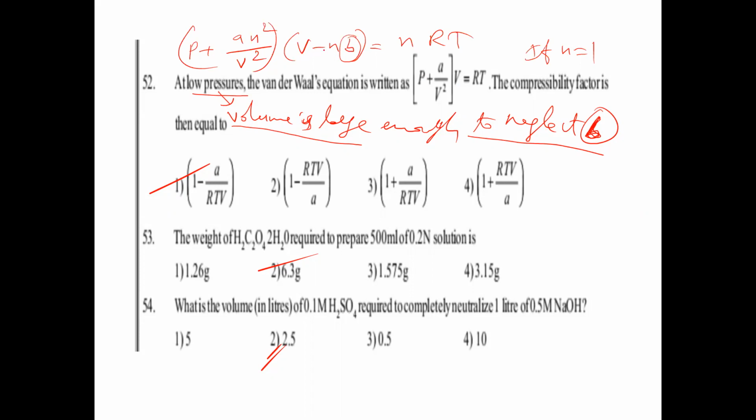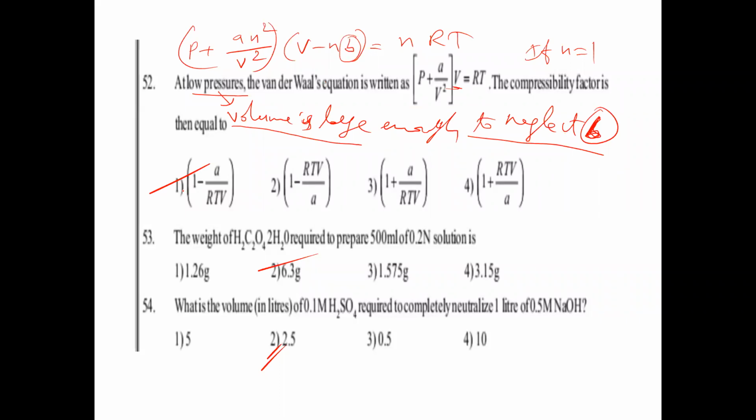Then in place of V minus nB, we write V. And P plus An square by V square will be P plus A by V square, because n square is 1 square here. So B can be neglected because the volume is large enough. B need not be written.